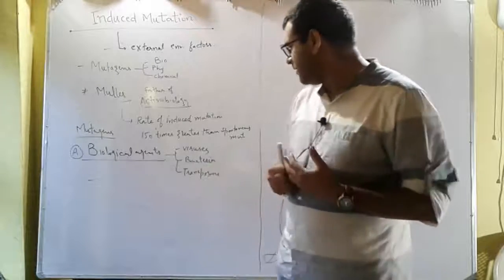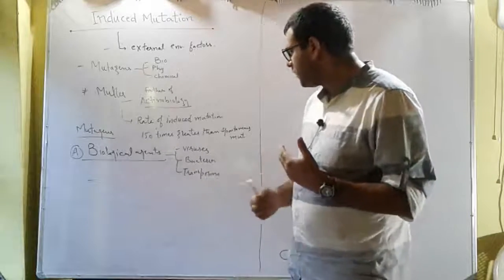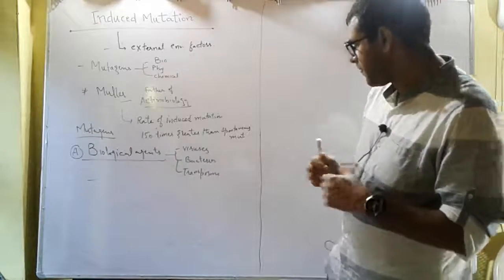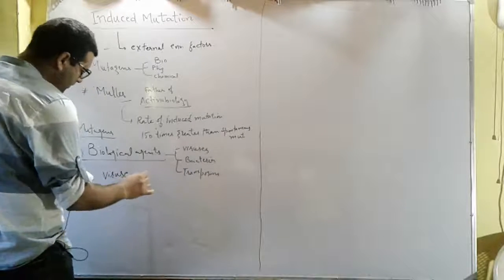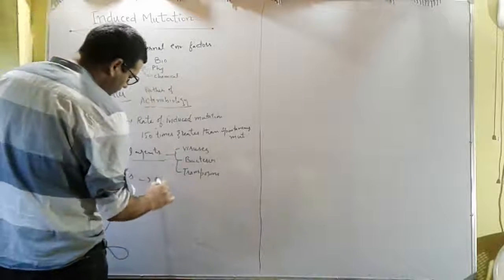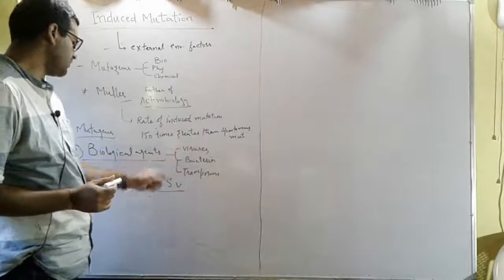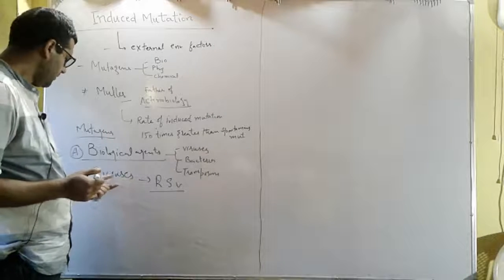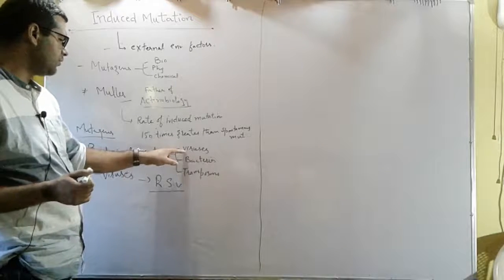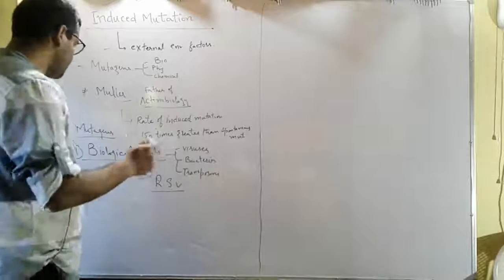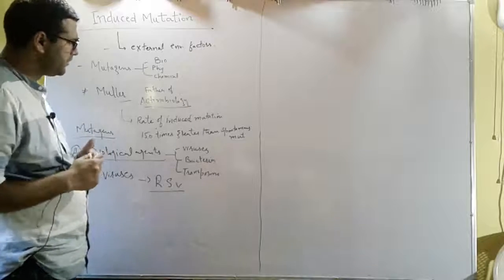Then bacteria are also known to cause mutation in the host cell. Then we have got transposons. Among viruses, there is a virus called Rous sarcoma virus. This Rous sarcoma virus is known to cause cancer. As I told you, these viruses introduce their DNA into the genome of the host cell, and this results in the change in the structure and function of the genes, and ultimately results in the mutation.